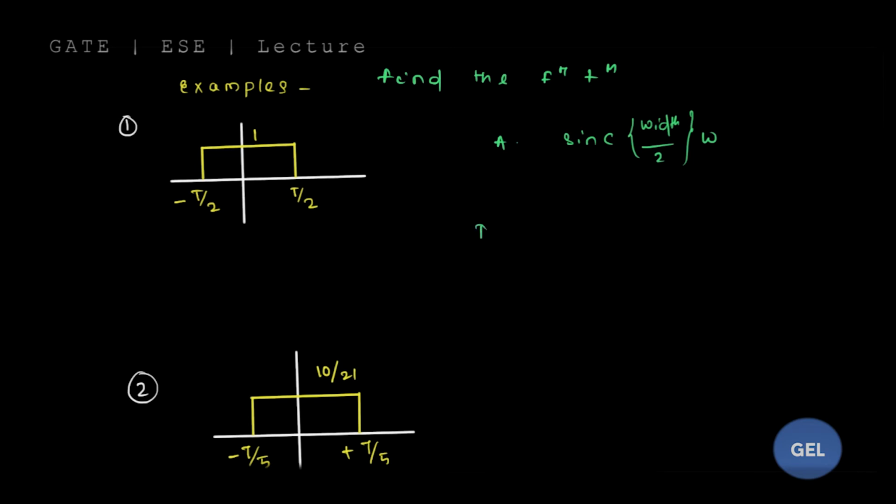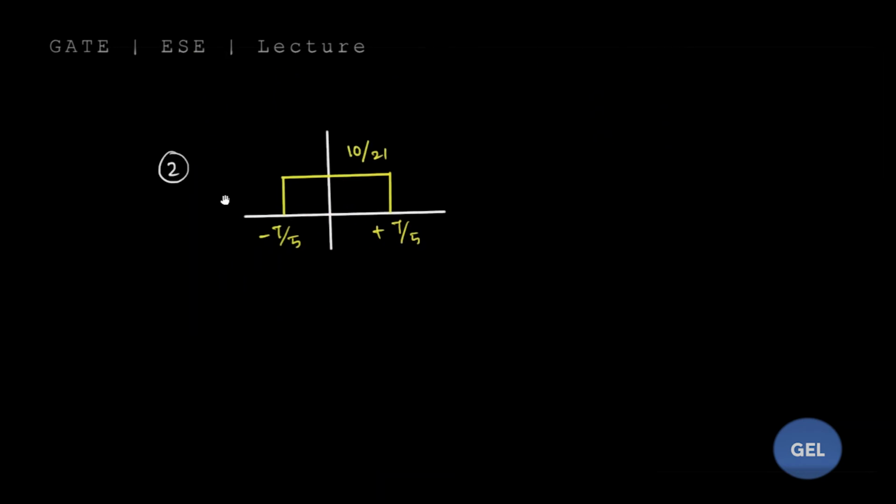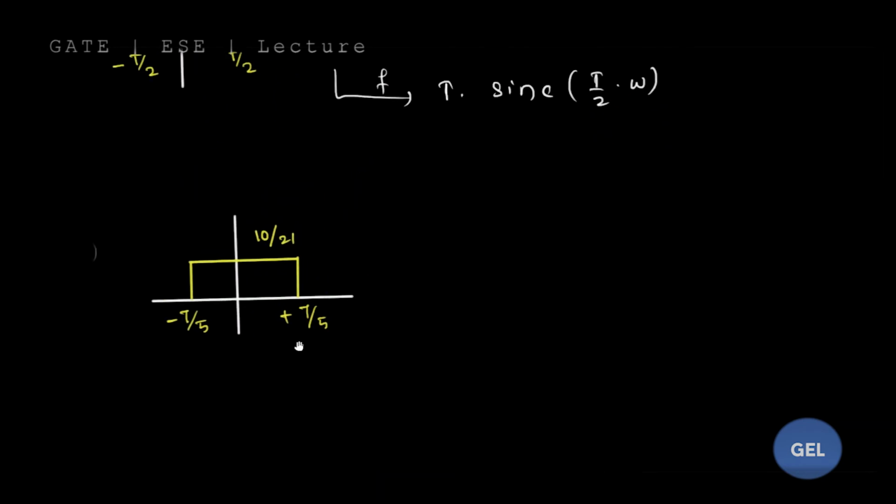So what is the area? Area is t by 2 into 2 into 1, that is nothing but t. So the area is t into Sinc of width by 2. Width by 2 is t by 2 into omega. This is your Fourier transform of this function. Clear? What is the Fourier transform of this function? Similarly, you need to find out the area.